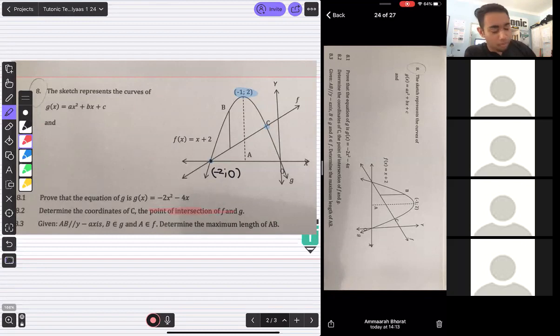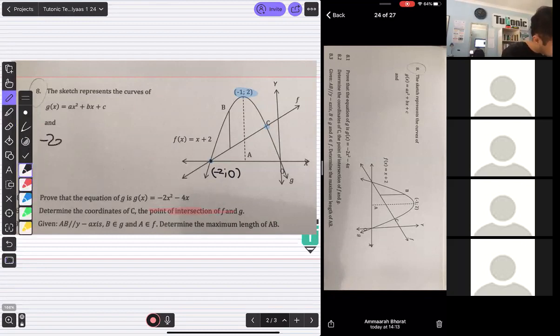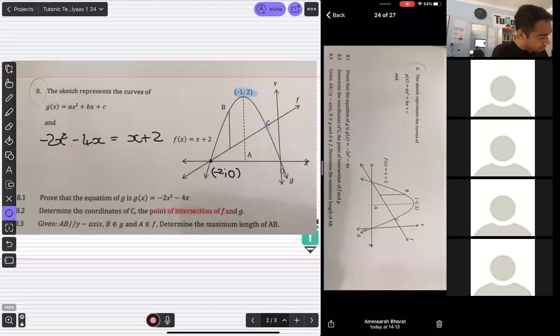So we agree that we're going to say -2x squared minus 4x, and we're going to make that equal to x plus 2, because those are the two graphs, right? This is f and this is g. So we're going to make the two graphs equal to each other. But why are we making them equal?